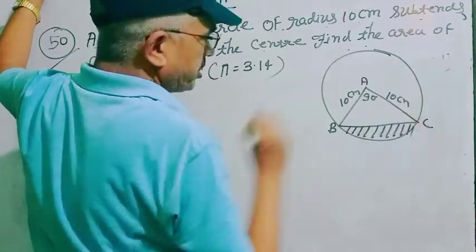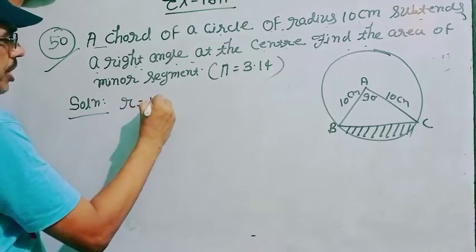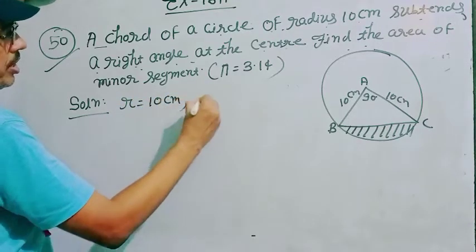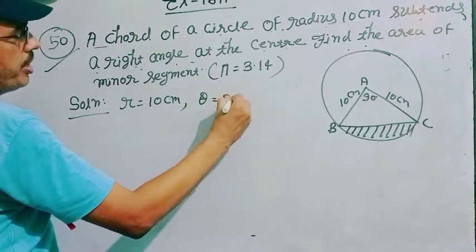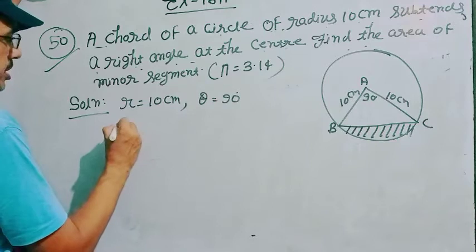So in the solution you write: radius is equal to 10 cm, theta is equal to 90 degrees, and we have to find the area of the minor segment.